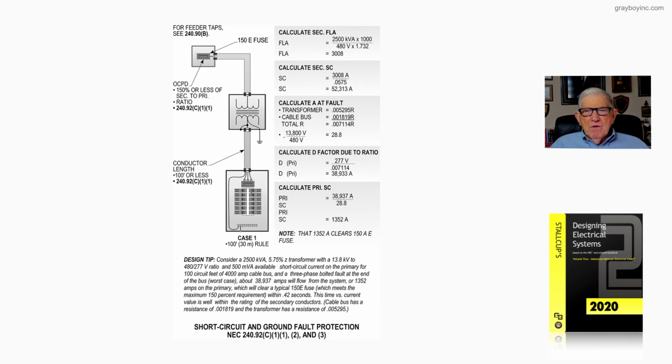Divide that into the voltage, and we come up with 38,933 amps would be the fault current there based upon the ratio.